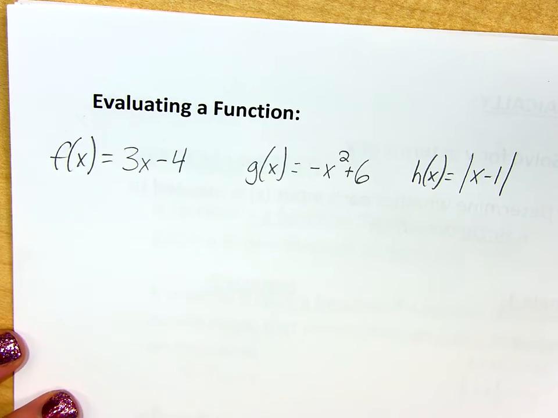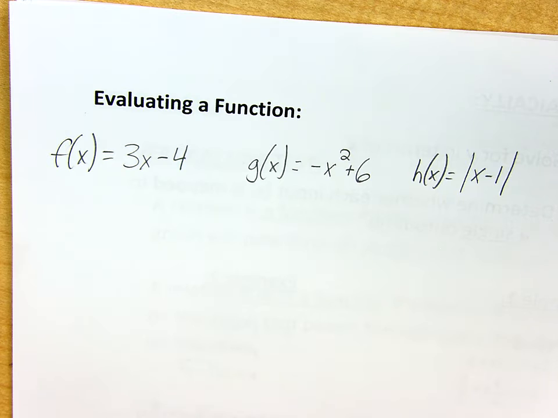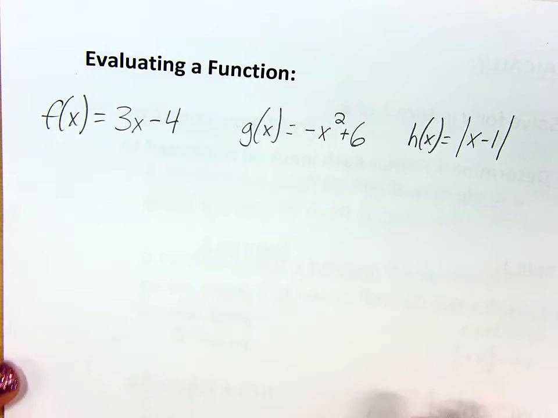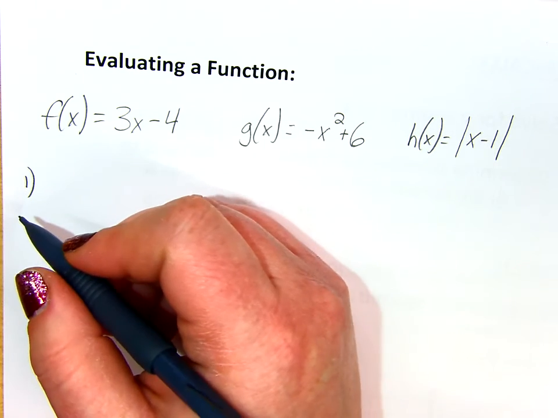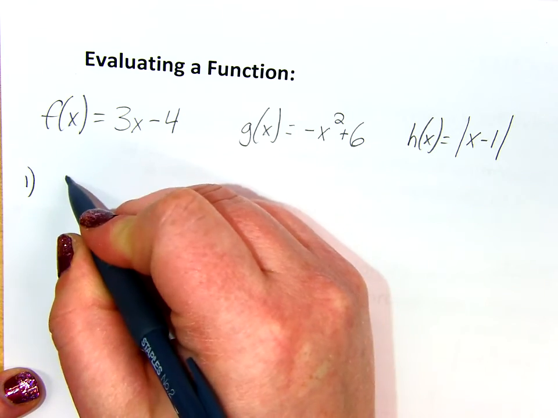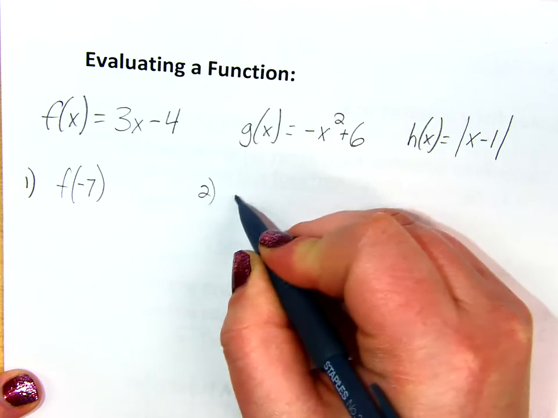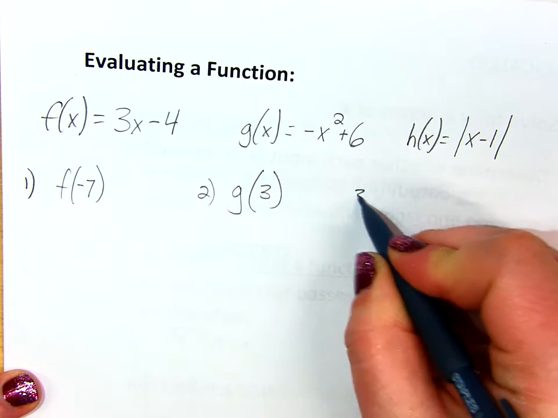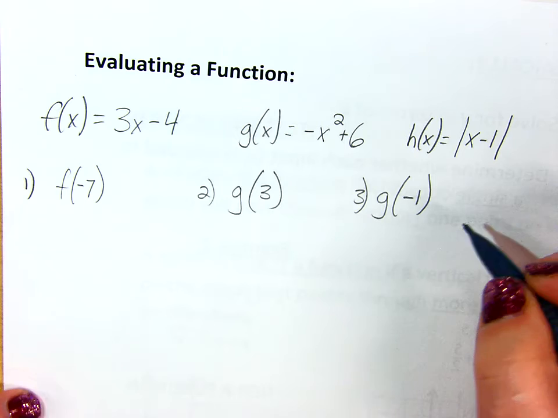All right, so I have 3 different functions here. I'm just calling them f, g, and h, just so we can distinguish them from each other. I'm going to ask you to evaluate a couple things. We'll start off easy-ish, and then we'll just add extra layers. So for my first example problem, let's try find f of negative 7, find g of 3, then find g of negative 1.